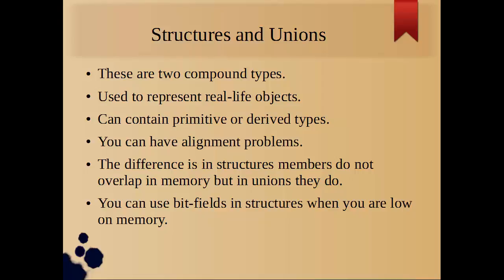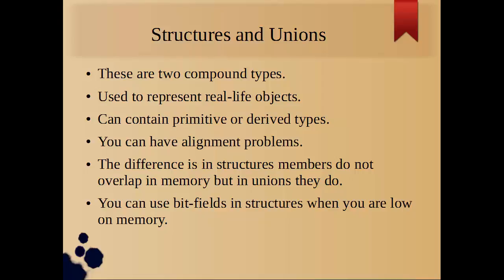But if you have a short, then it can be stored only at those memory addresses which are even. If you have an integer, then it can be stored at only those memory addresses which are divisible by 4. And if you have double, then it should be divisible by 8. We'll see where these alignment problems are there and how to fix them.